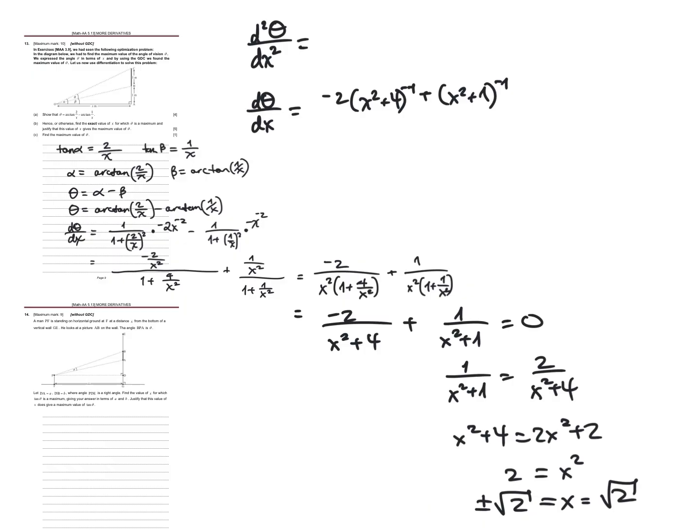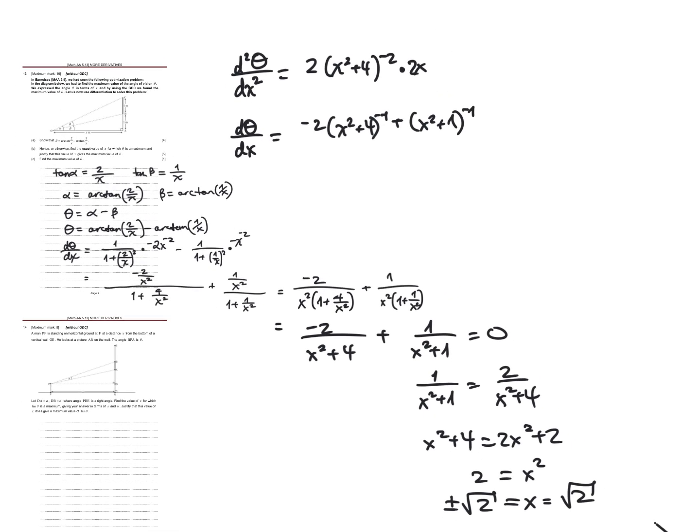So we're going to have 2, when we multiply by negative 1, x squared plus 4 to the negative 2 times 2x. And then we're going to have minus x squared plus 1 to the negative 2 times 2x.